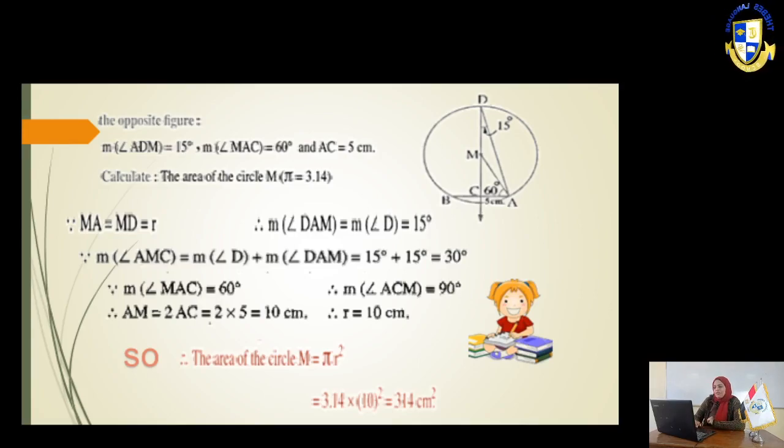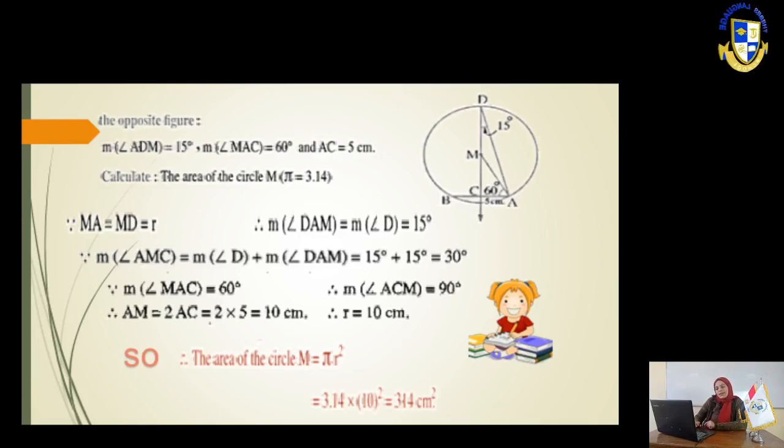Also, we have the measure of angle MAC equals 60 degrees, and the measure of angle ACM equals 90 degrees. That is because MC comes from the center and is perpendicular to the chord AB, so the measure of angle MCA equals 90 degrees. So AM equals 2 times AC, equals 2 times 5 equals 10. So the radius equals 10 centimeters.